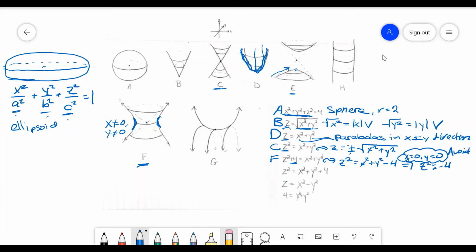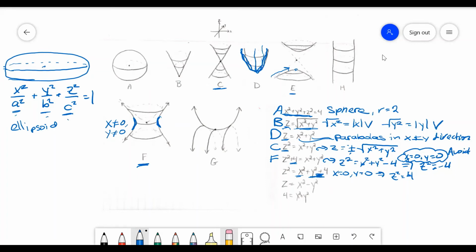Now, z squared equals x squared plus y squared plus 4 is really quite similar, same idea, except now we have that plus 4 instead of the -4. And so what that means is if we take x equals 0 and y equal to 0, we wind up with z squared equals 4. And that's about as small as z is going to be able to wind up being, because we can't introduce anything that's going to allow it to decrease from that, because we're always adding positive numbers here and here.